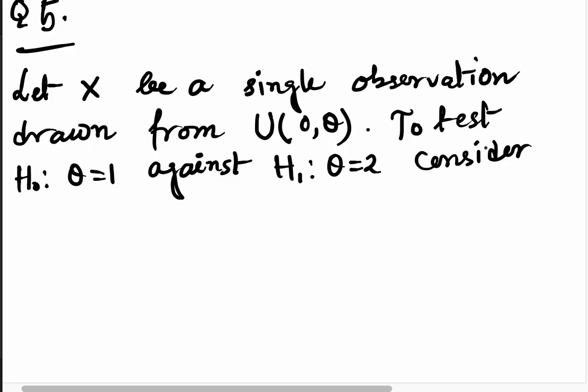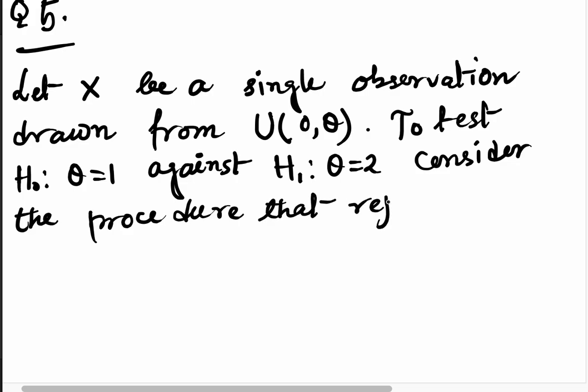Consider the procedure that rejects H0 if x greater than 0.8.